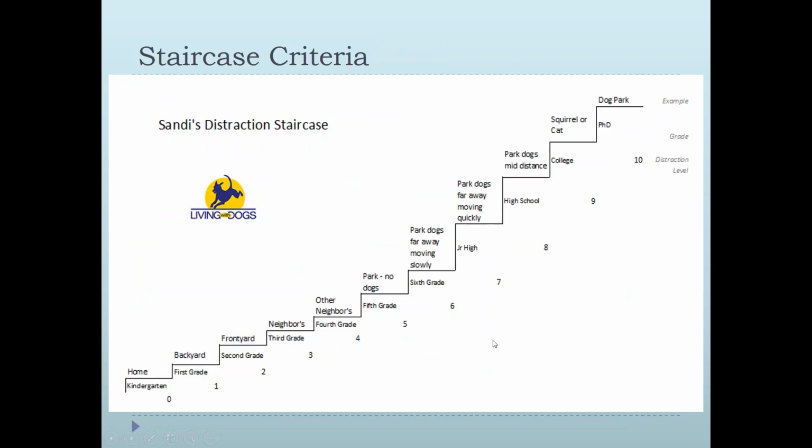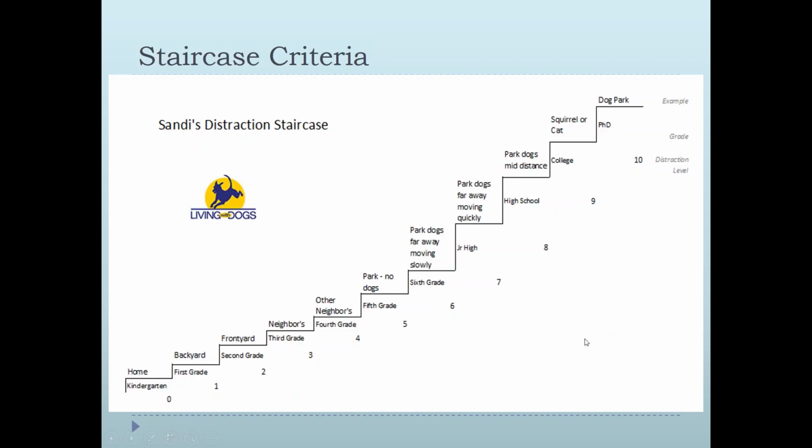I use this in my family dog classes. This is a staircase from kindergarten to PhD. So taking your Treibball into different places would be graduated so that you're not trying to do this at a trial before you've done it around a few dogs, maybe moving slowly and then moving more quickly.